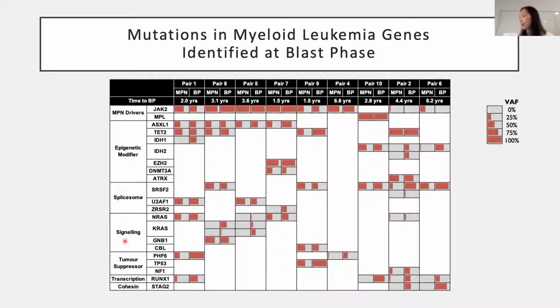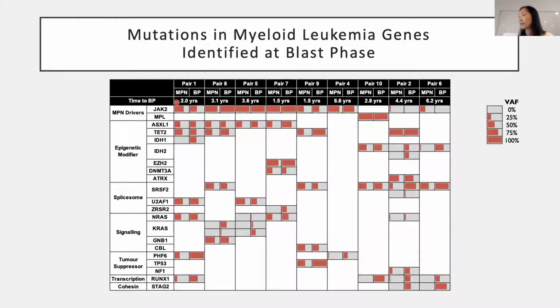On this table, which is a pretty busy table, it summarizes all the myeloid leukemia gene variants that were identified. On the left-hand side, each row represents a myeloid leukemia gene.